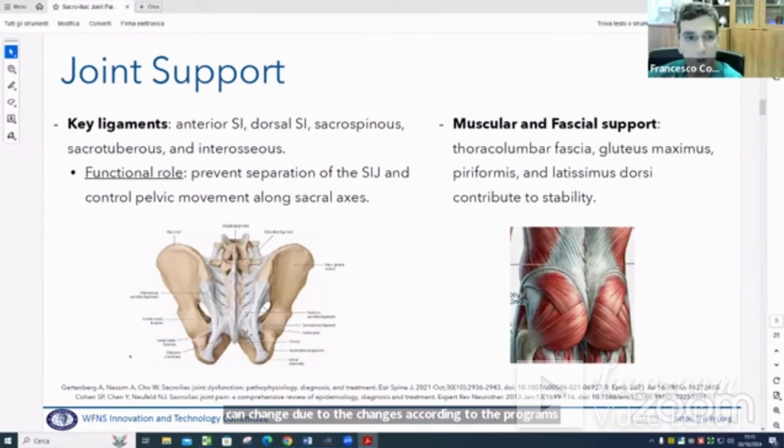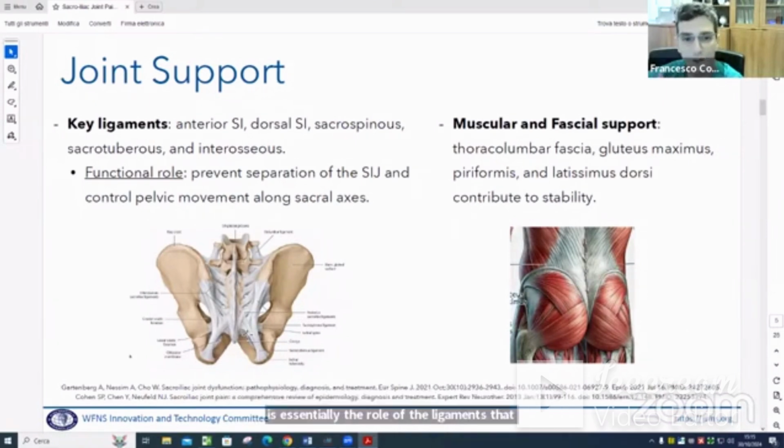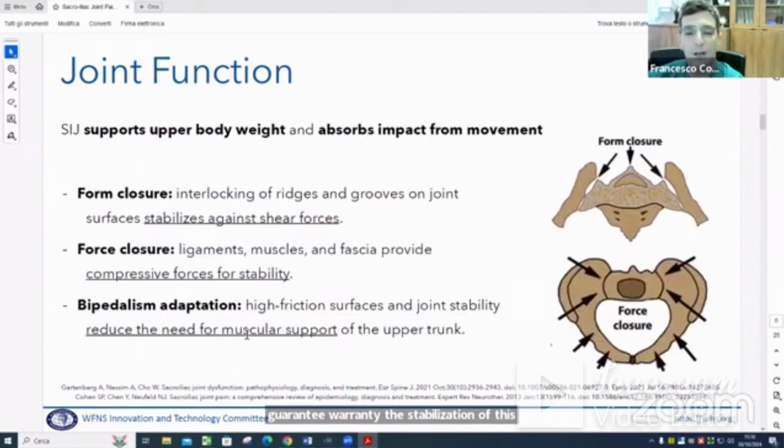The role of the ligaments is essential, as a key point in order to prevent the separation of the sacroiliac joints and to control the pelvic movement, and the muscular and fascial support guarantee the stabilization of this articulation. From an anatomical point of view, the shape of the sacrum and the bone provide stability.